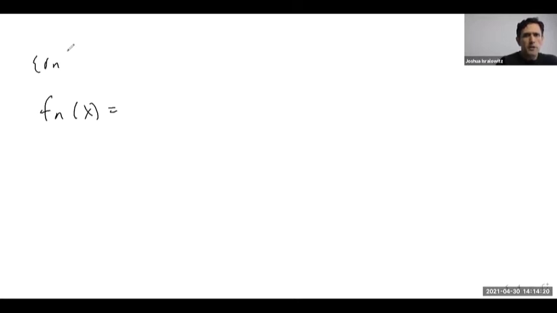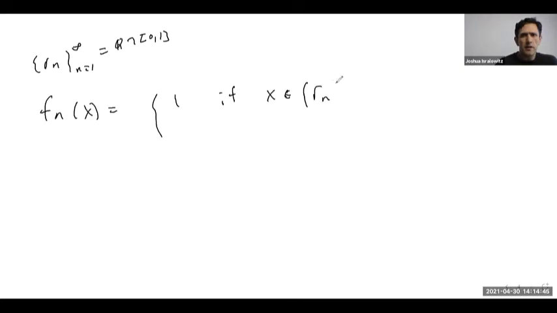Let's enumerate the rationals between 0 and 1, and let f n of x be 1 if x is in the first n rationals, 0 if x is not.